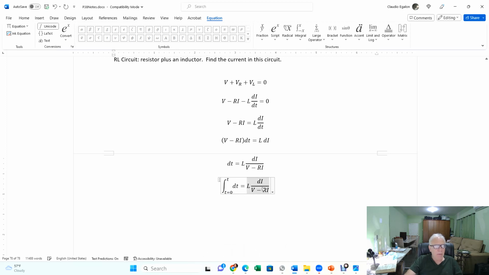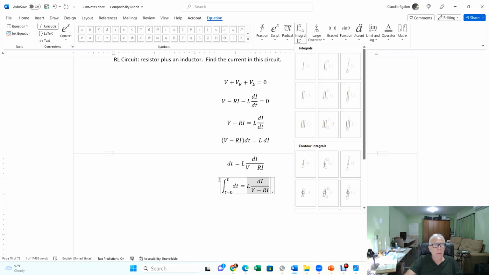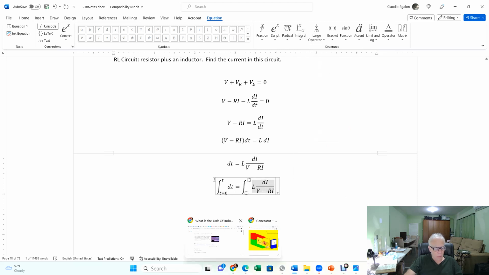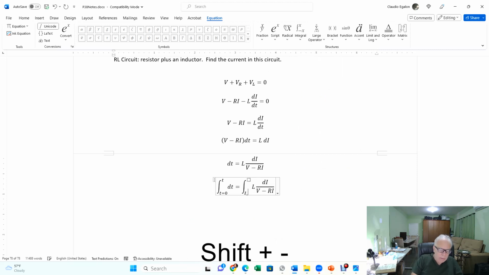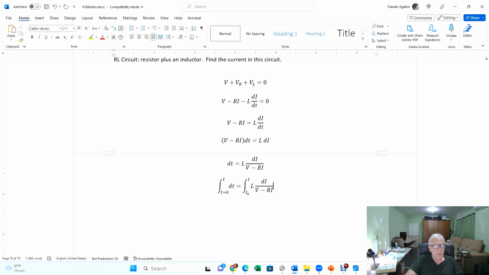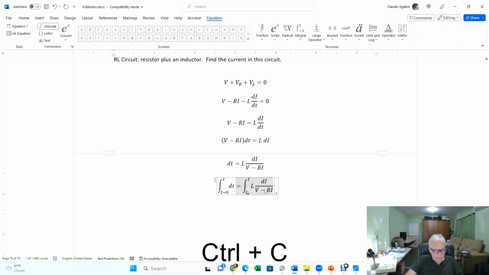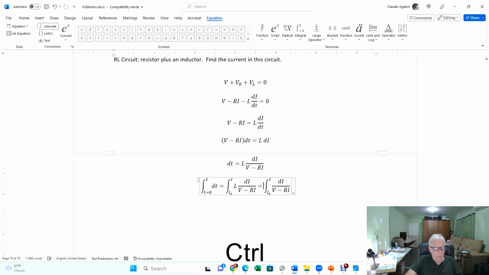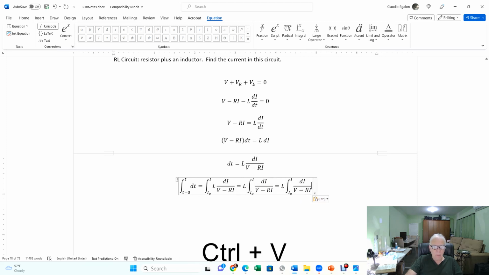Here we're going to do the same thing. We are going to integrate for the current between the value of the current at t equal to 0 until the value of the current at t equal to t. L is independent of I, consequently we can take it out of the integral. And we are left with this integral that's easy to solve, right?